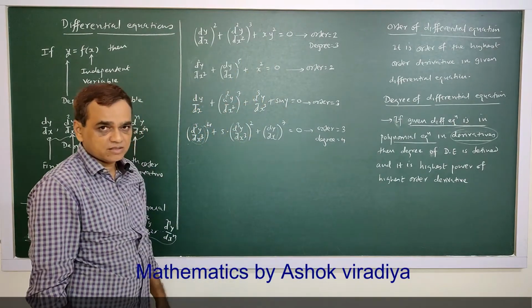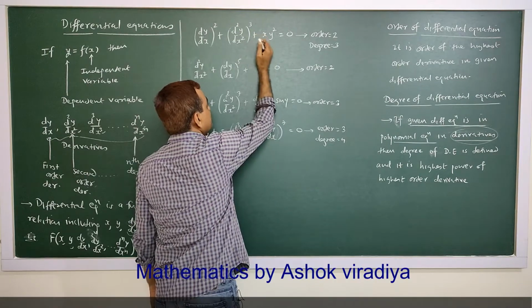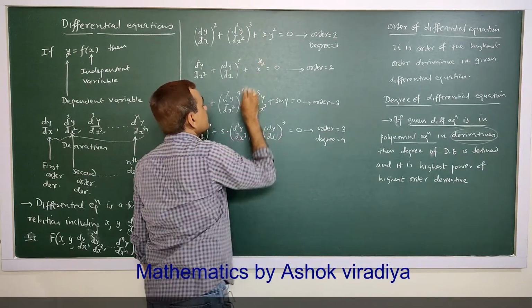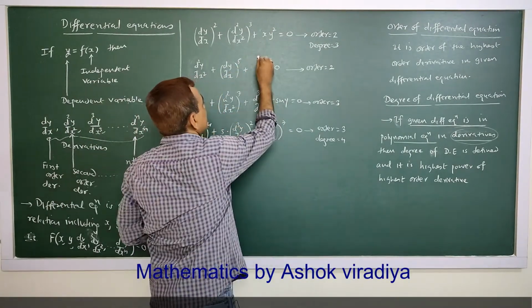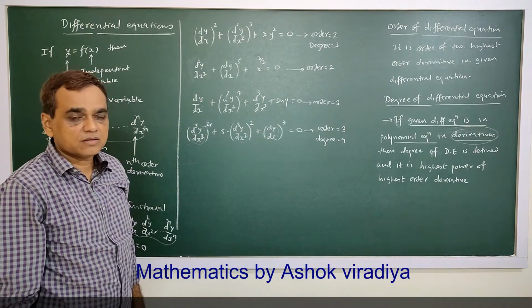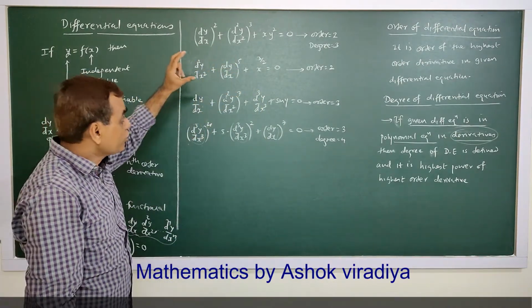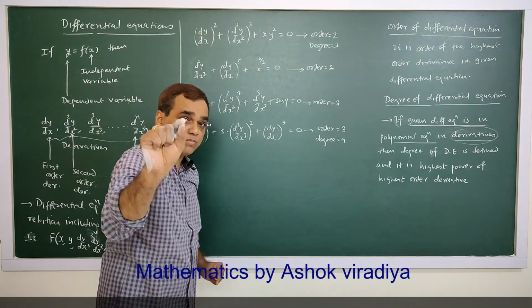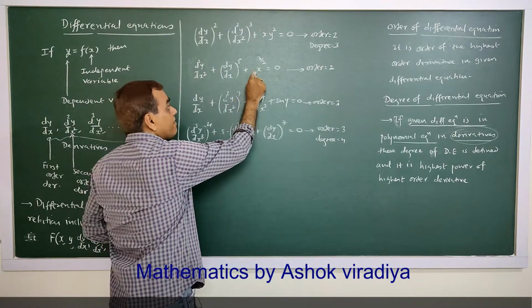Okay, if you keep here x to the power 3/2, then this is not a positive integer. But this is still a polynomial equation in derivatives, because we check the power of derivatives only, not the power of x or y.